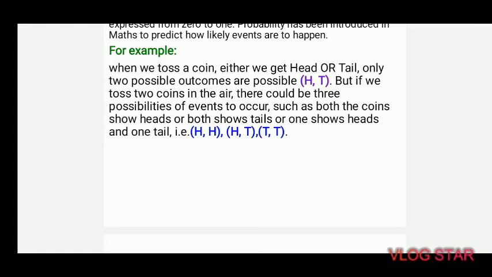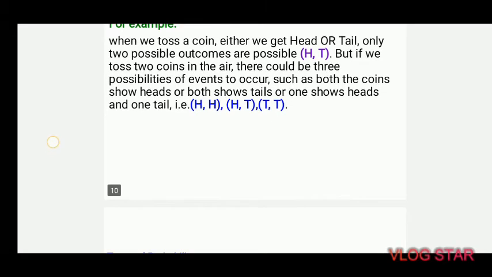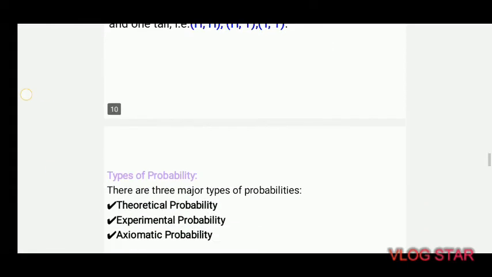But if we toss two coins in the air, there could be three possible events, such as both coins show heads, or both show tails, or one shows head and one tail. So if we toss two coins together, it's either head-head, head-tail, or tail-tail.